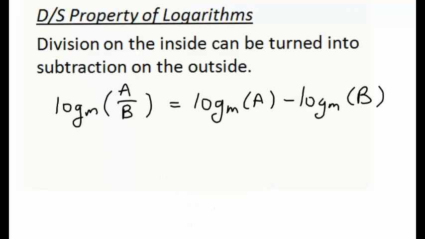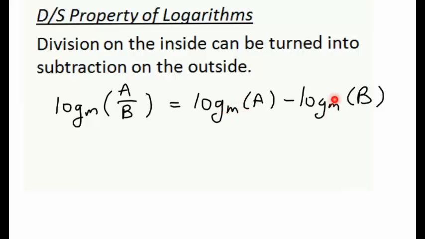The nice thing about the example we did on the last slide is it does generalize to the following property. I call this the division-subtraction property, or the DS property of logarithms. The idea is if we have two expressions on the inside of our logarithm, so let's say we have two expressions, capital A and capital B, we can break this apart into two logarithms that have the same base.